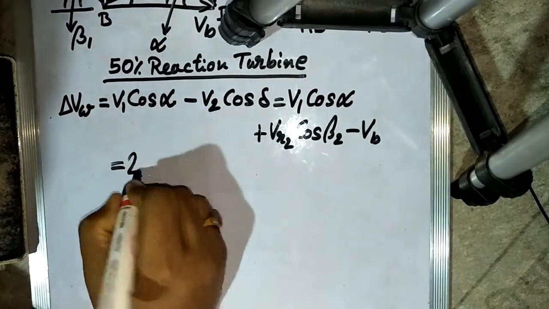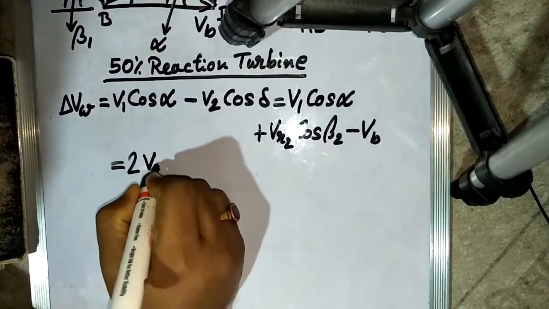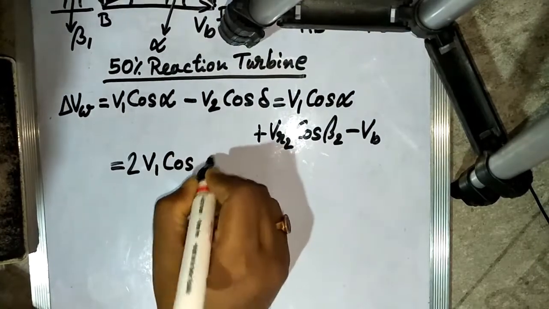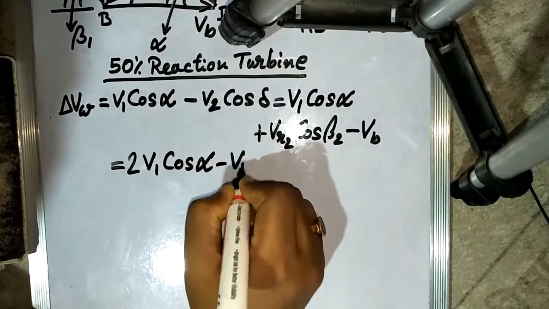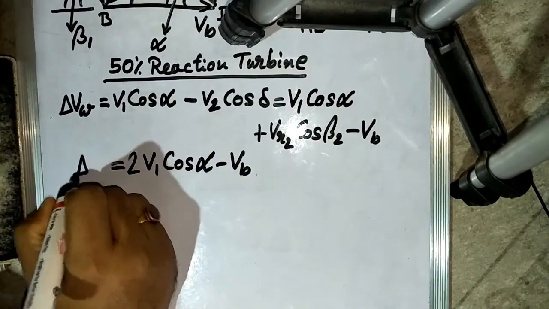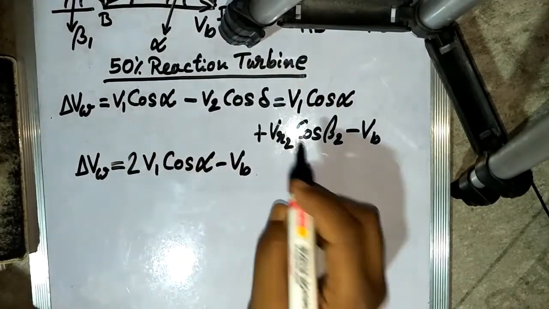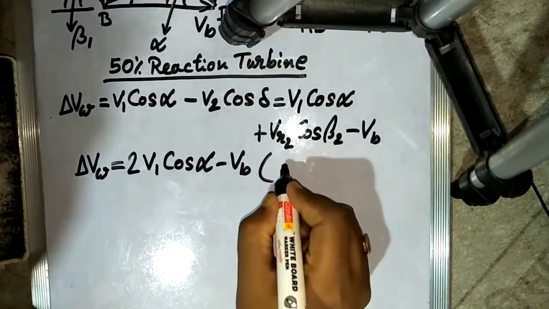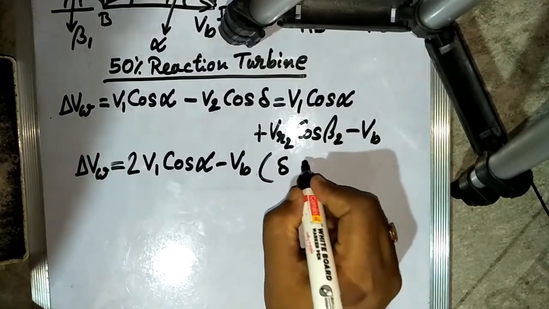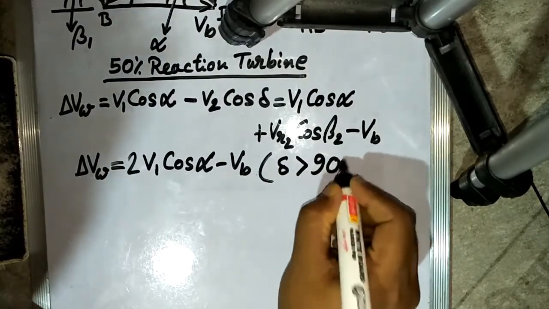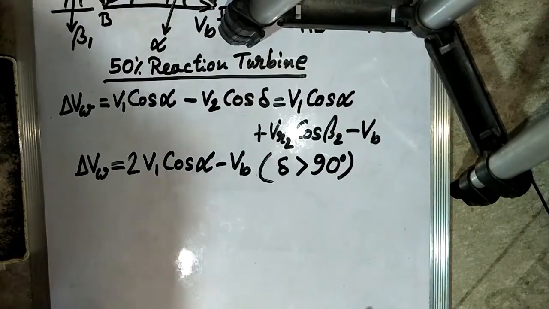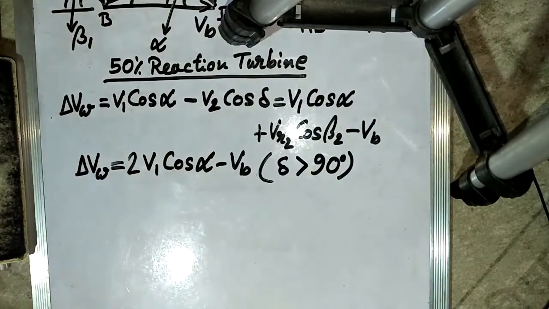So we can write 2 into V1 cos alpha minus Vb equals delta V omega, and this value occurs for delta greater than 90 degrees. So this is the value of delta V omega.